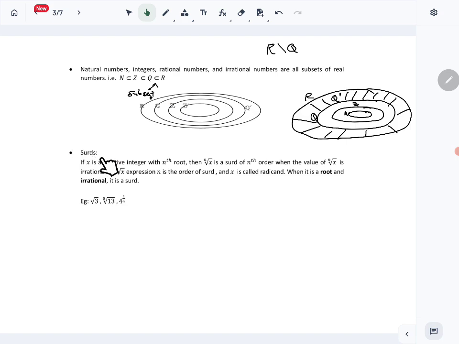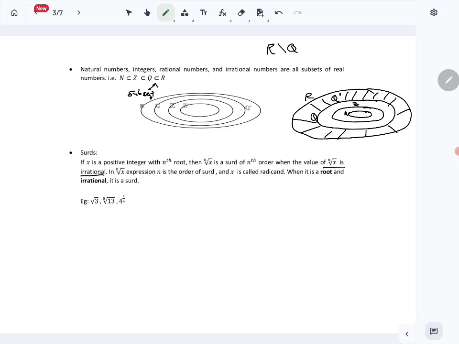Okay, then next topic, surds. What is a surd? Let's read the definition. If x is a positive integer with nth root, then the nth root of x is a surd of nth order when the value of the nth root of x is irrational.